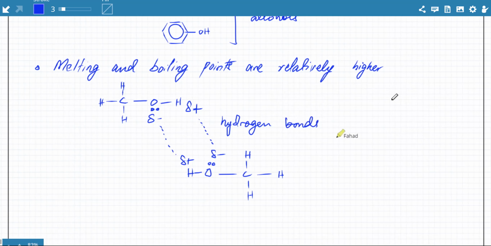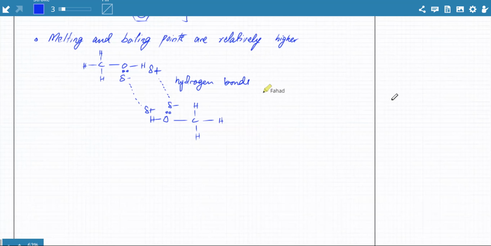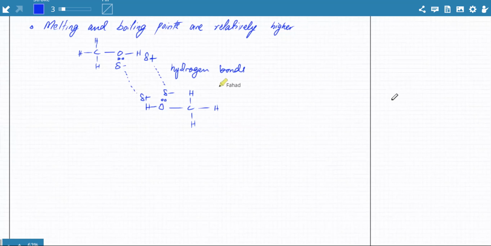And because of this reason, the melting and boiling points are relatively higher, and also they're capable of dissolving in water. So they're very soluble in water.